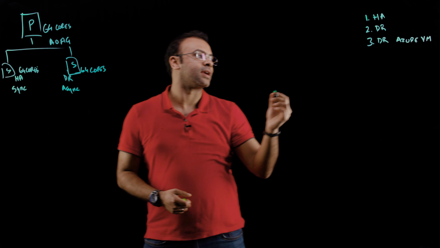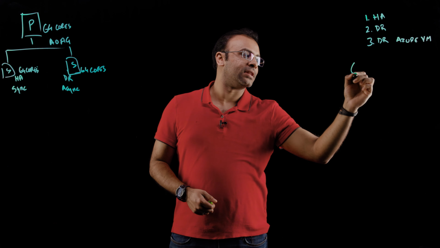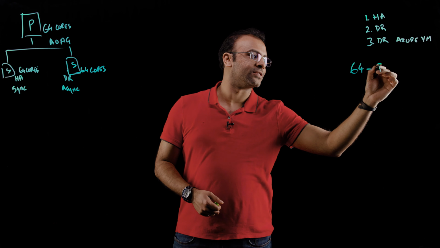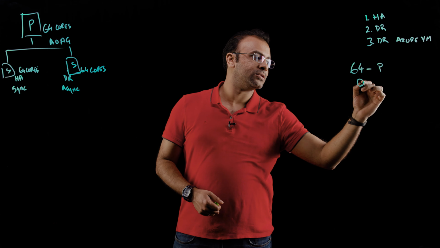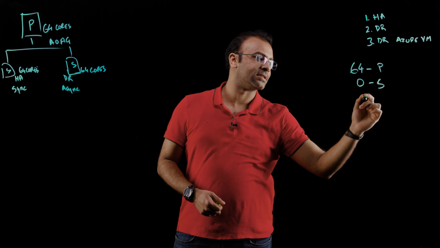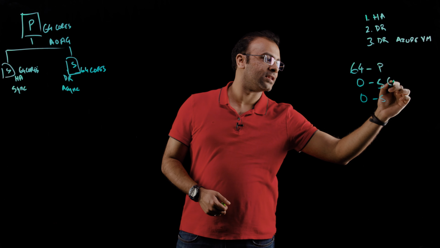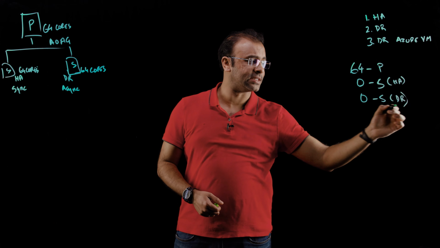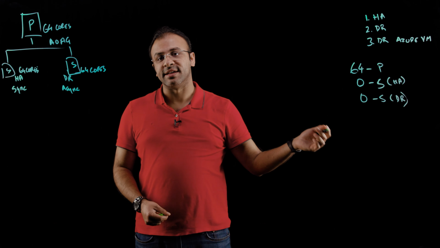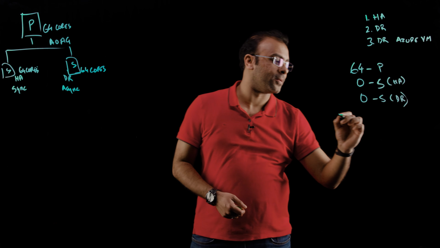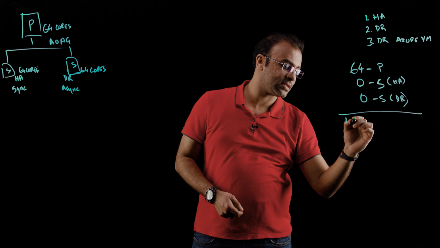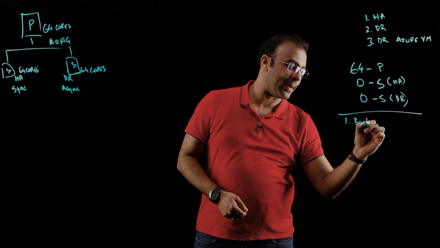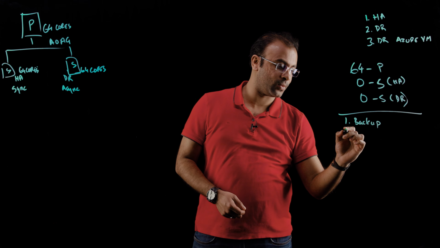So for this type of architecture, you would need to license 64 cores for the primary, 0 for the secondary, which is the HA, and 0 for the secondary, which is the DR. The next question is, when they're secondaries and they're passive, what kind of operations are allowed? The first is you can perform backups on the secondary replicas.